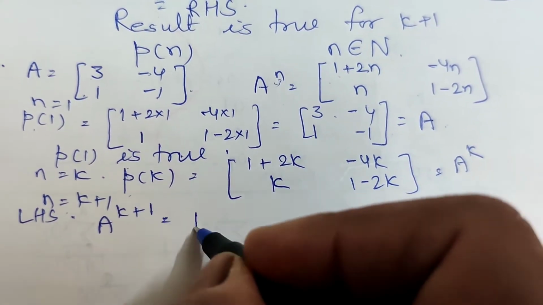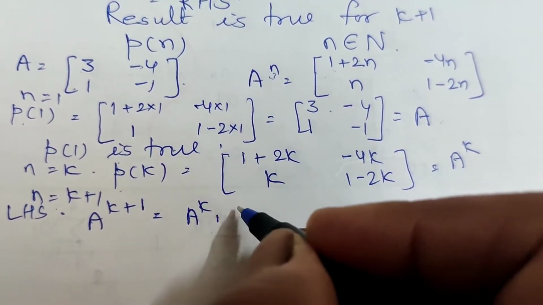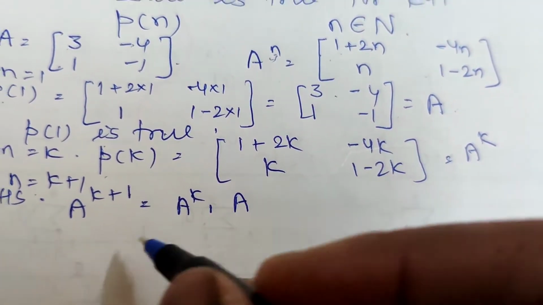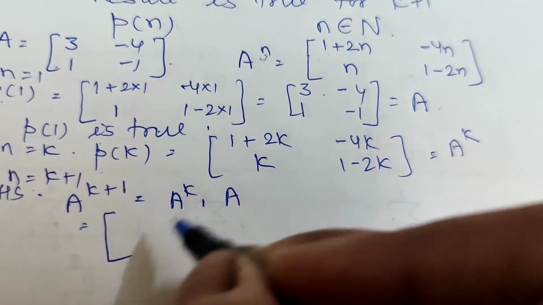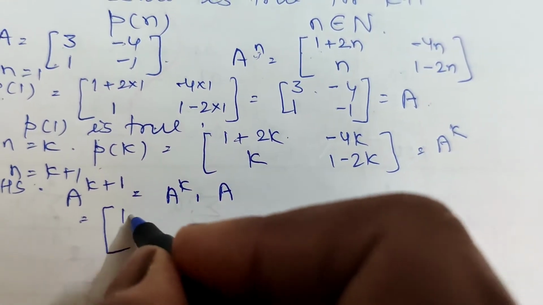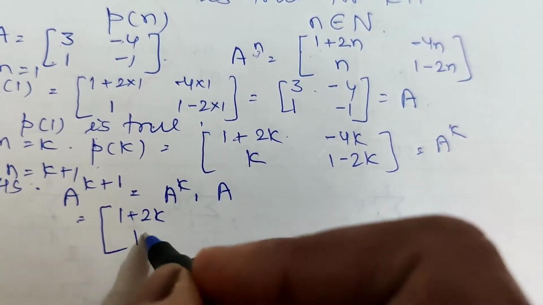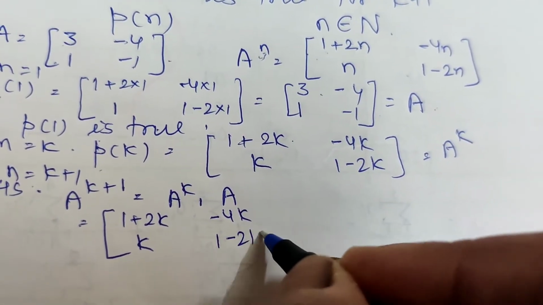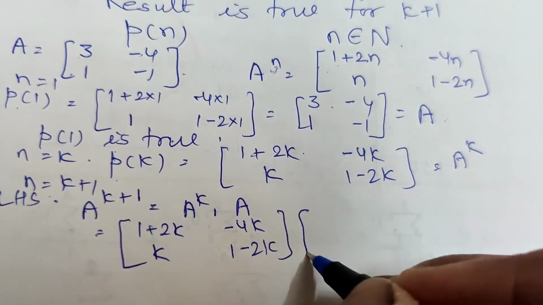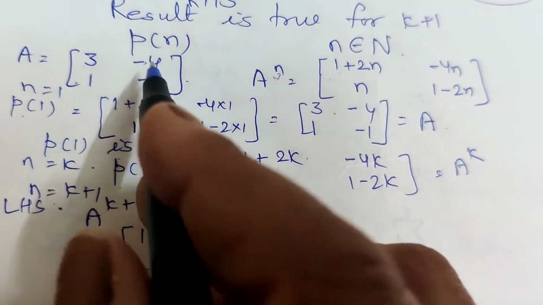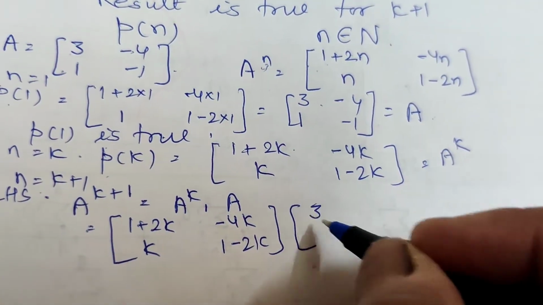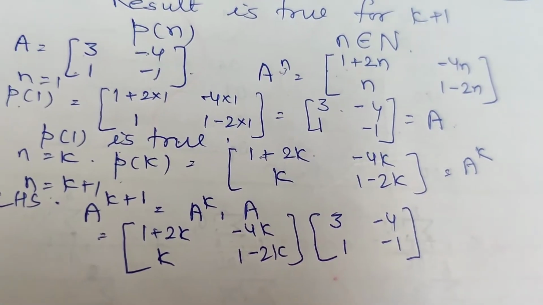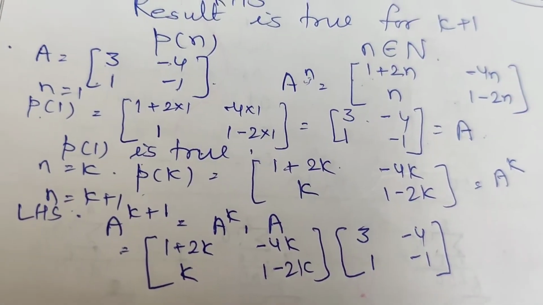So we can write A raised to power k into A, and A raised to power k is 1 plus 2k, k, minus 4k, 1 minus 2k, and multiplied to A, which is 3, 1, minus 4, minus 1. The simple multiplication we can do.